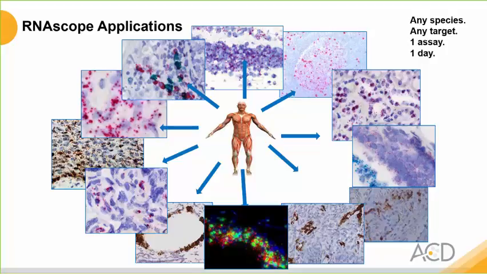Next question is basically asking whether fixation time has an impact on the assay, particularly for researchers who may have to purchase tissues who don't have control over the fixation time. So in general, fixation can be an issue if the tissues are either underfixed or overfixed.